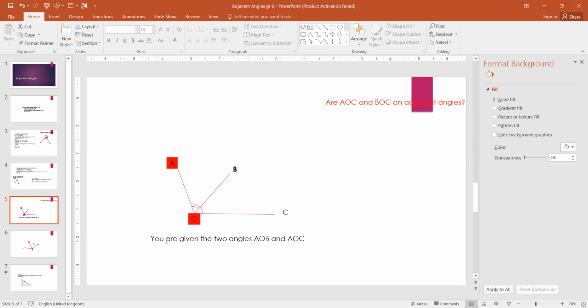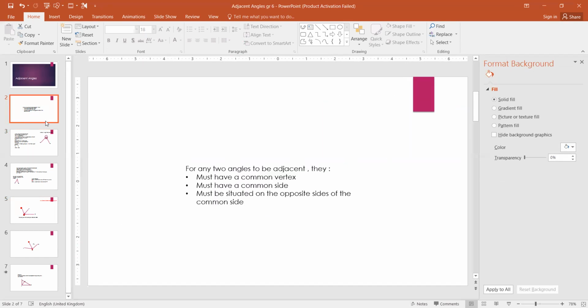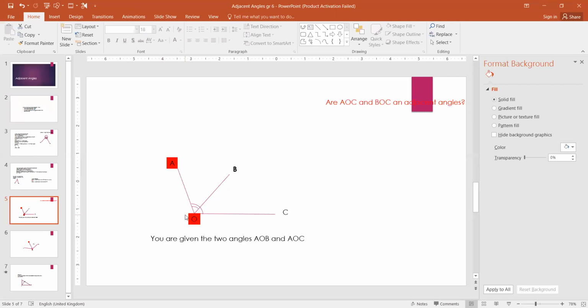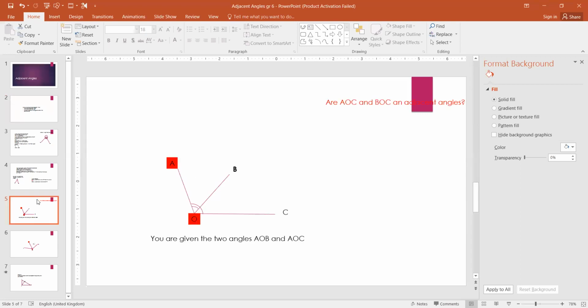So the first rule is satisfied: common vertex, which is O, because it's joining the two angles. The second, they must have a common side. From what I previously explained, the side is about the line.